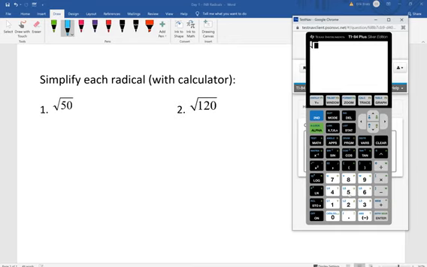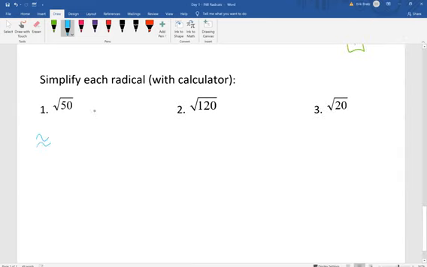We'll just type in 50, so 50, click enter. And we're really only going to go to about 2 decimal places. So the square root of 50, we're going to say is approximately, you do like a little squiggly equal sign. You don't say equals, we'll say the square root of 50 is approximately 7.07.